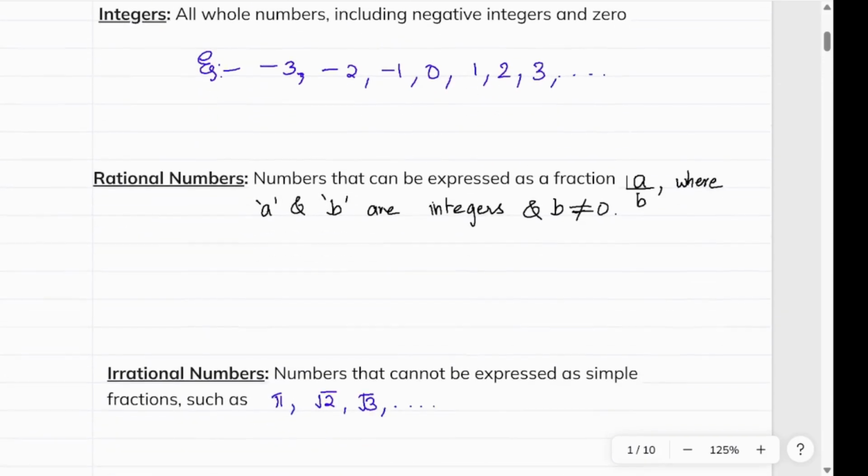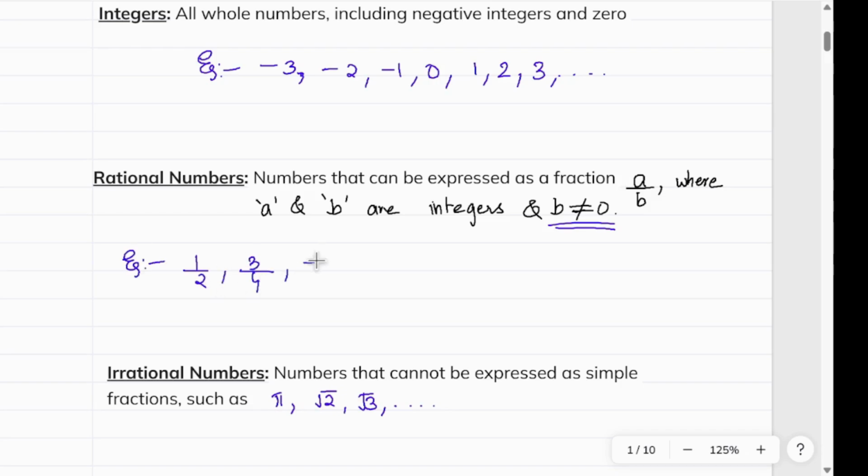What about rational numbers? Rational numbers are numbers that can be written as a fraction, in the form a/b, where b is not equal to 0. That means the denominator should not be equal to 0. Examples: 1/2, 3/4, -5/2, and even 0.75 can be written as a rational number.